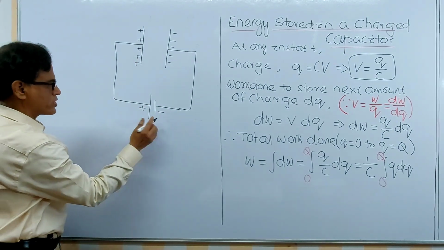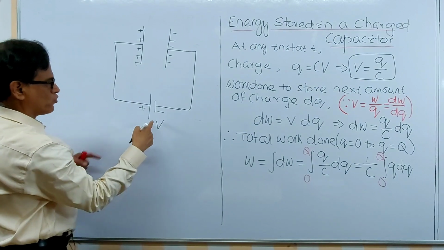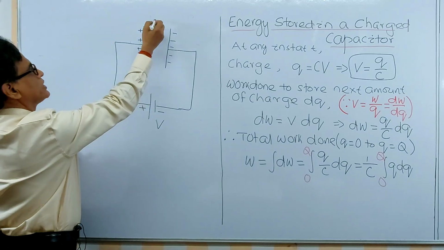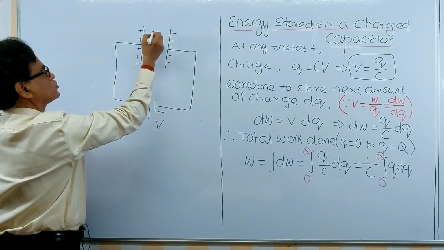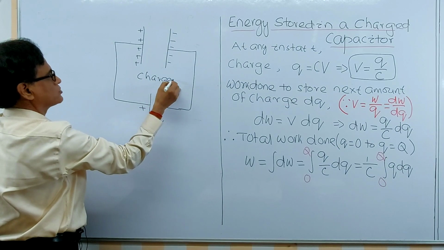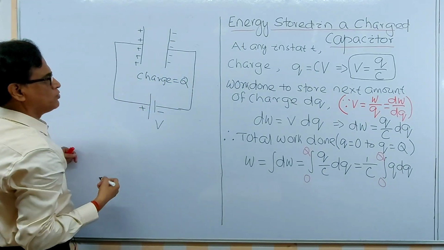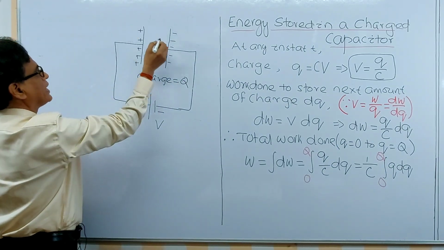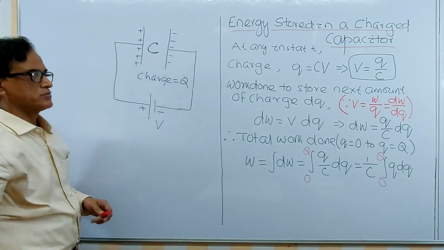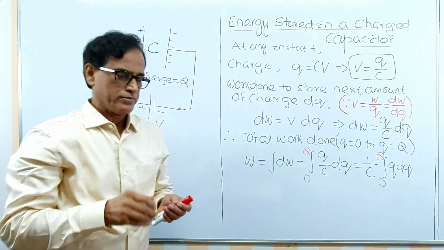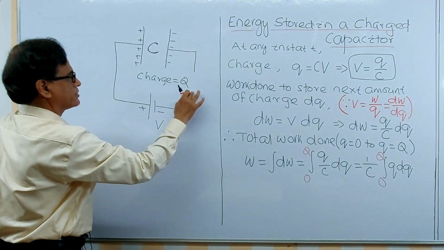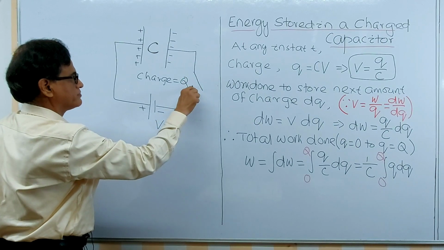Now let the voltage applied across the capacitor be V. Let the final charge stored across the capacitor be Q, and the capacitance of the capacitor is C. Initially you can connect a switch here.